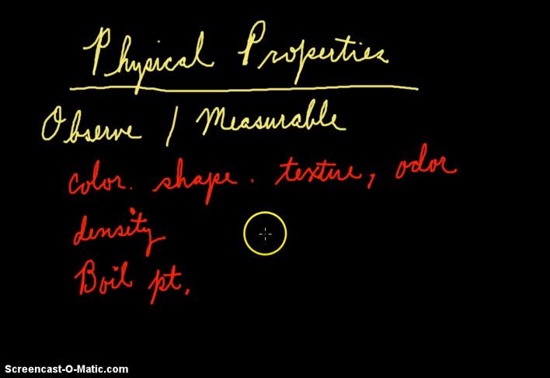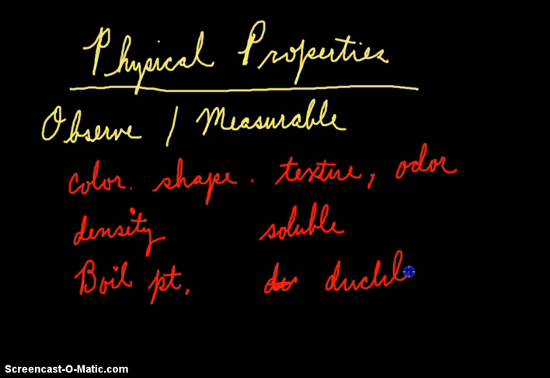Also, some of its qualities: if it's soluble, in other words, if it can dissolve in water or some other liquid; if it's ductile, and that means if you can take the material and stretch it and turn it into a wire, like copper has ductility. And then also there's another one called malleable. Let's see if I can spell it right.